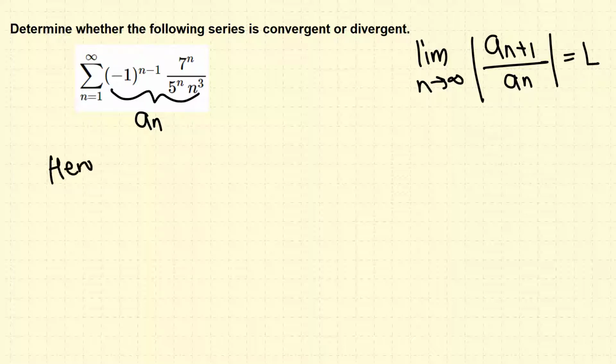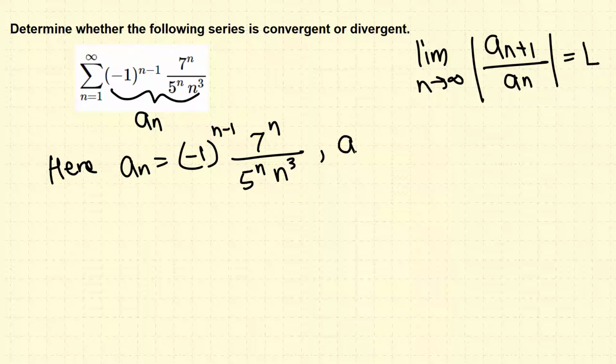So here an is whatever this is: -1 raised to n minus 1, 7 raised to n all over 5 raised to n times n cubed. To get an plus 1, just replace n by n plus 1.